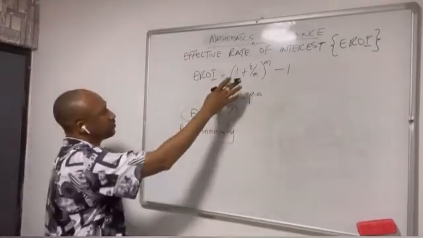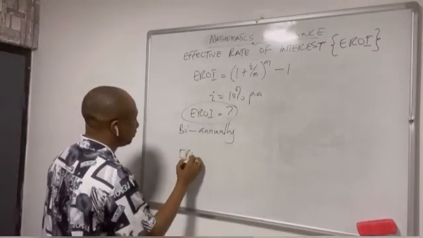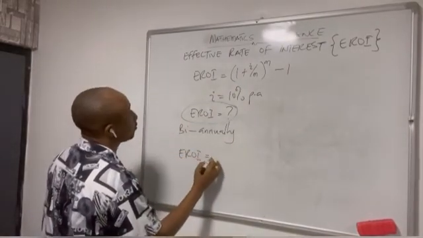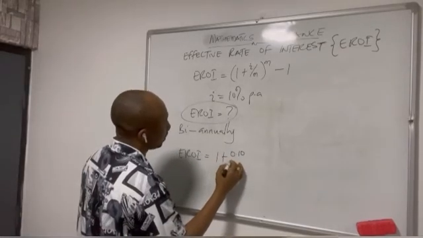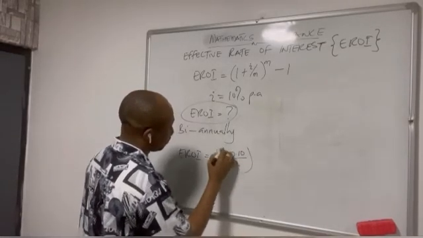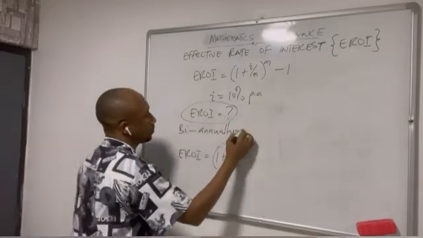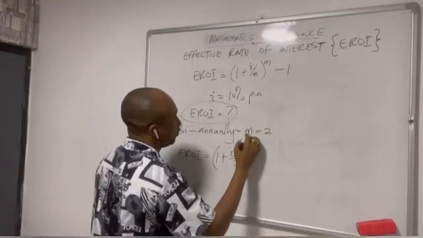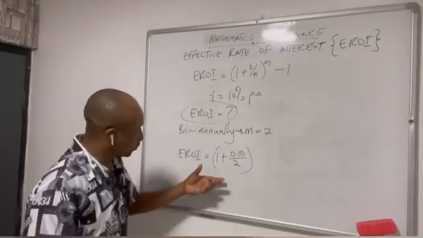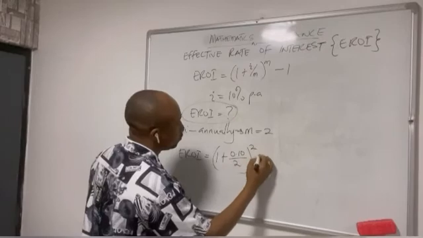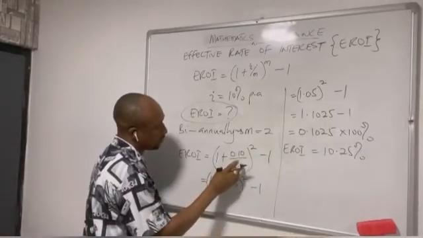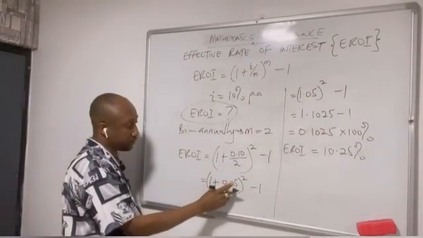The effective rate of interest will be 1 plus 10%, which is 0.1, divided by 2, because the number of compounding periods is biannually, which is 2 per year, raised to power 2 minus 1. 10% divided by 2 gives us 0.05.